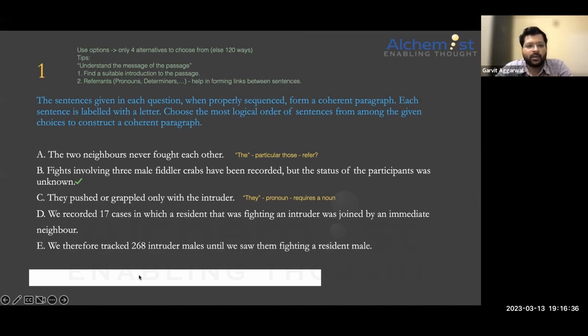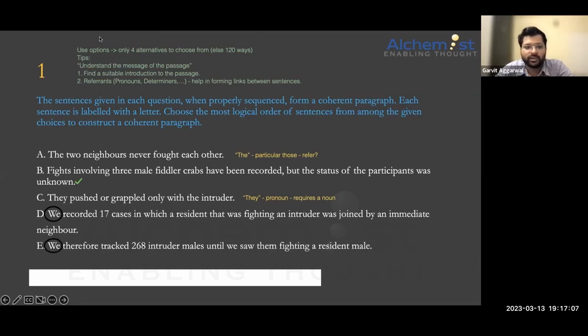Next, we recorded 17 cases in which a resident was fighting an intruder, was joined by an immediate neighbor. No referent. We है एक तरीके से, but we don't know who we is. Are you getting it? ये वाला जो pronoun है, this pronoun is a bit tricky to understand. यहाँ पे कोई we है ही नहीं, but फिर भी it has been used.